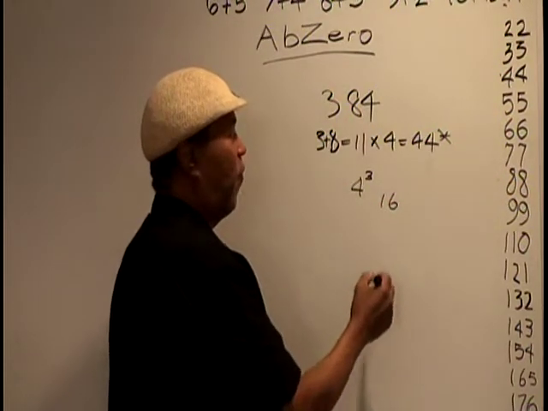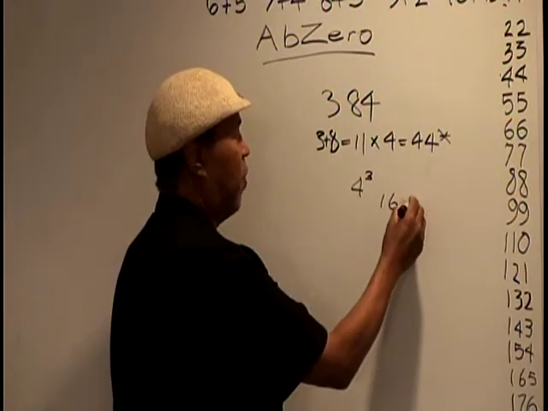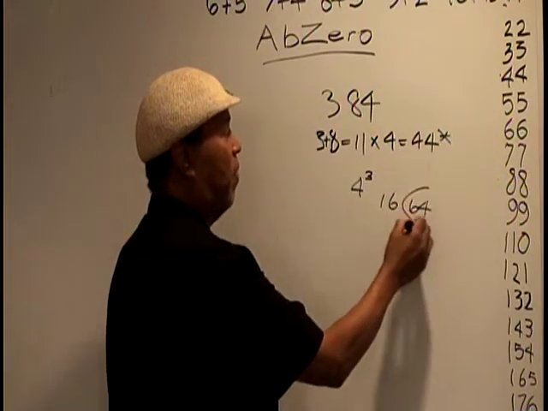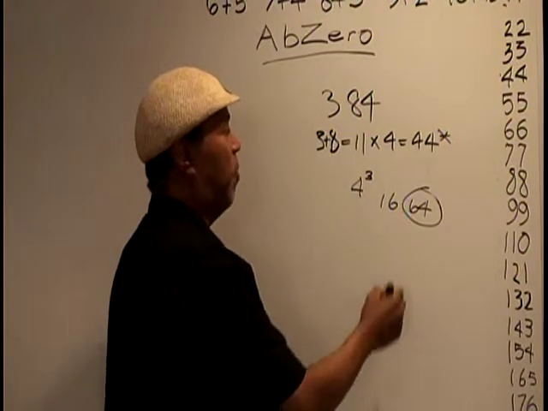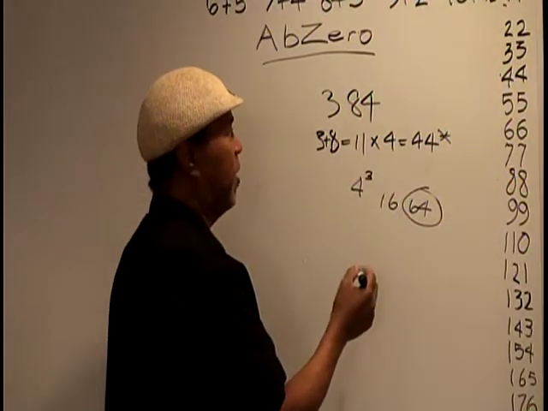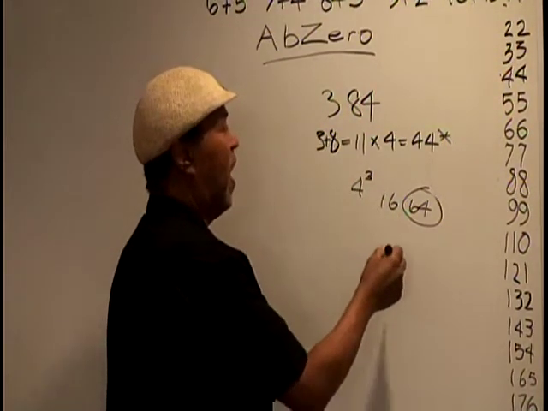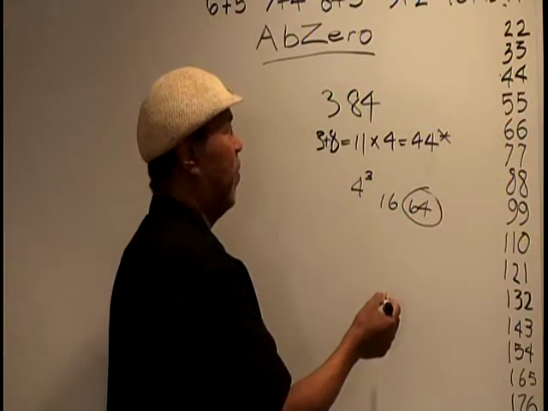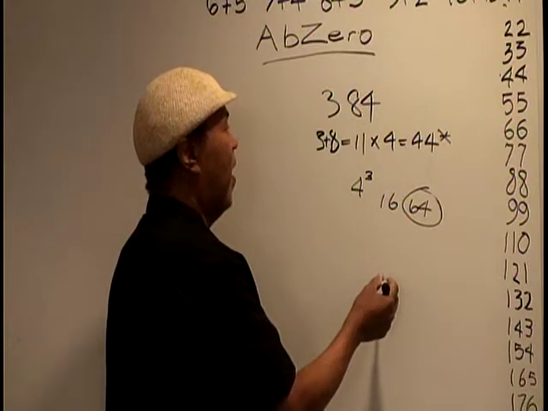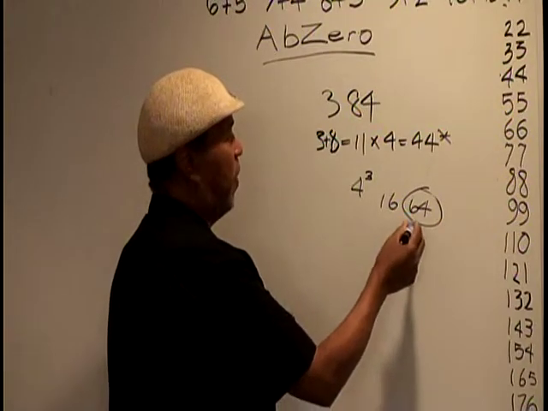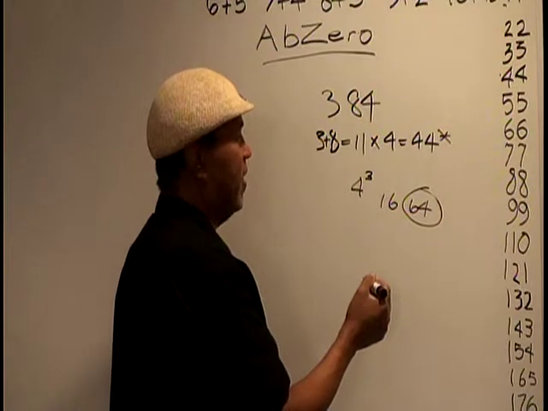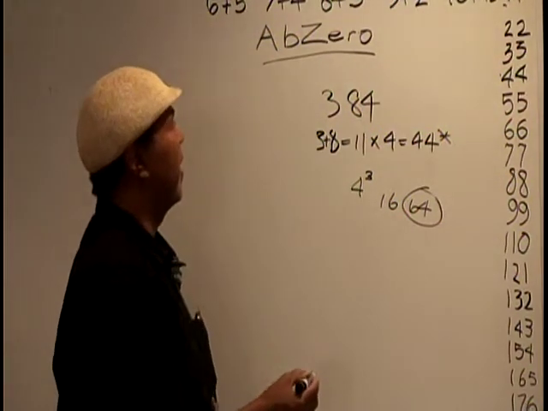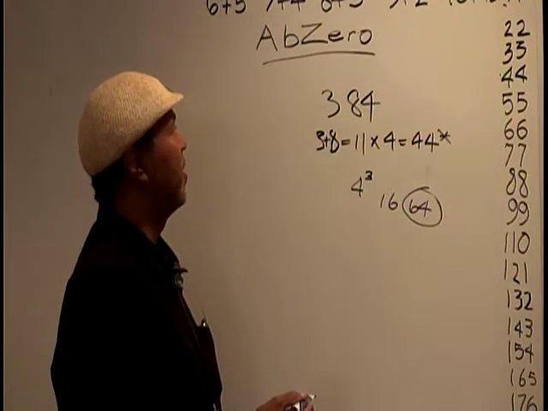And then 4 times 16 is 64. So that's 4 to the third power, 64, plus or minus 8, or times 8. If we divide it by 8, that's of course 8 again, so that's still not going to get us to where we need to go. And 64 plus 8, or minus 8, is not going to get us to where we need to go either. So I don't see anything else in that vicinity.